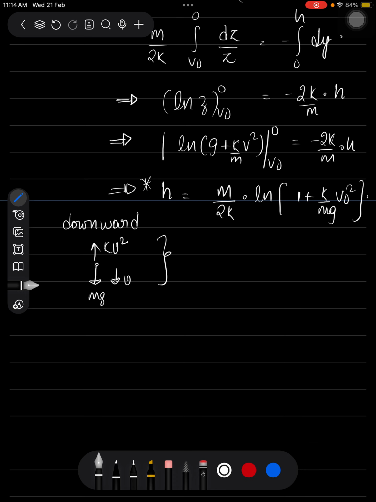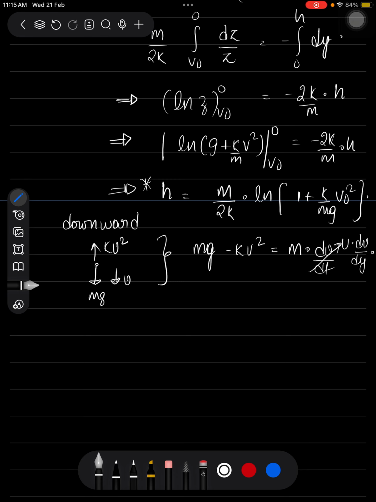Due to gravity it will be accelerating and its velocity is increasing. So I can write the force equation for this downward motion as mg - kv² = m dv/dt, and again instead of dv/dt I can write v dv/dy.